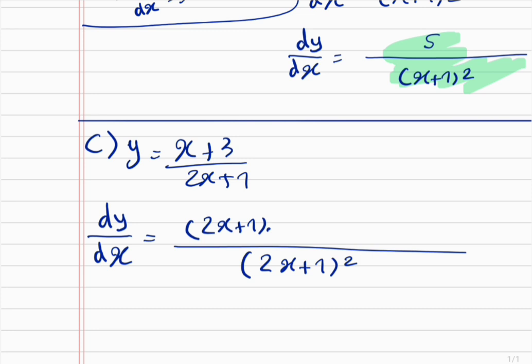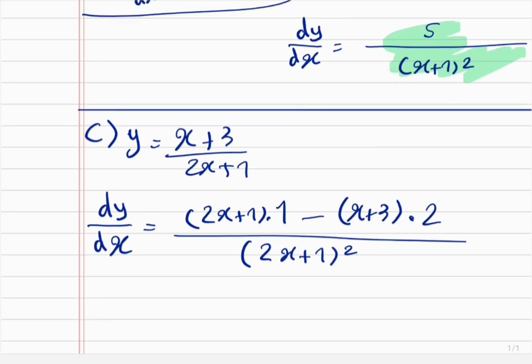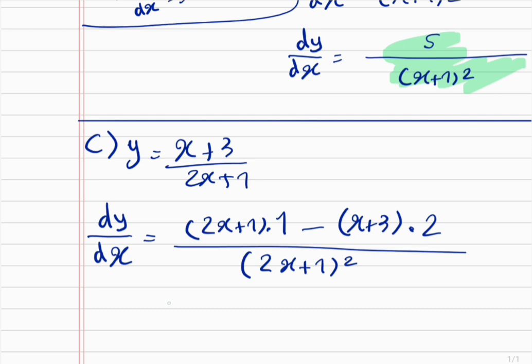The derivative of x plus 3 is just 1. Minus, now you do the opposite thing. This time you write down the numerator function and then the derivative of the denominator function, which is just 2 in this case.